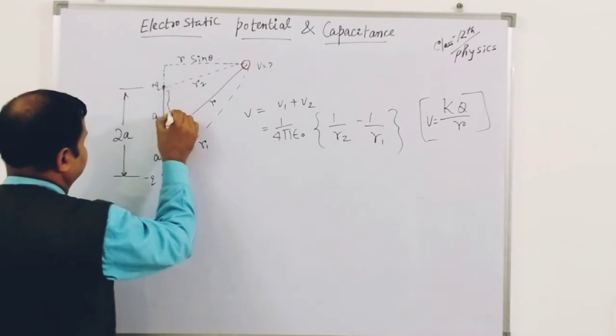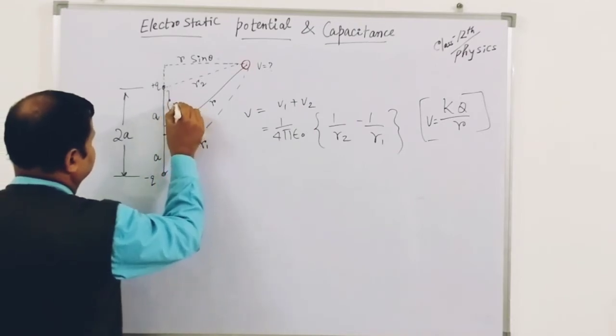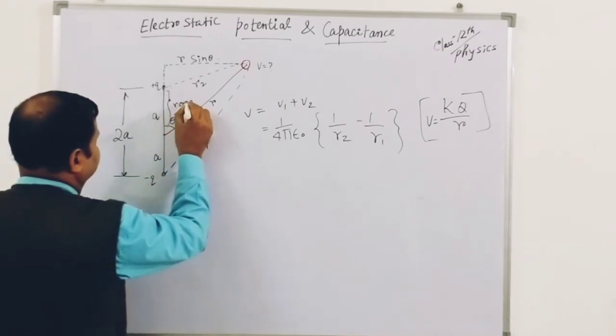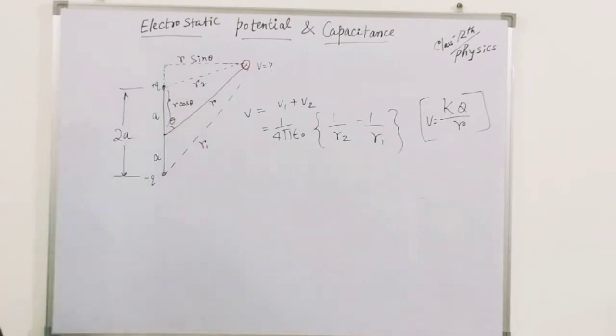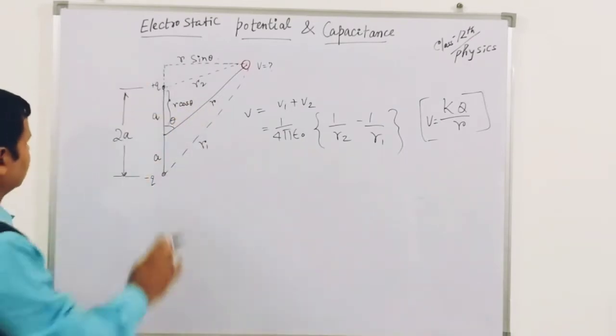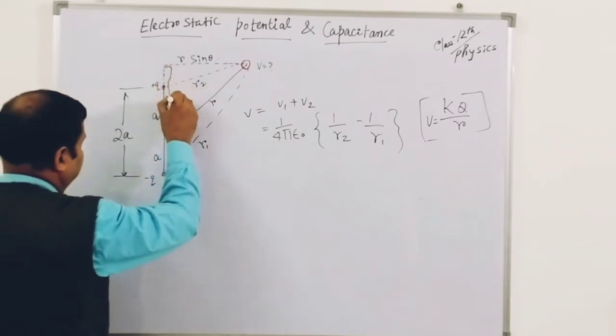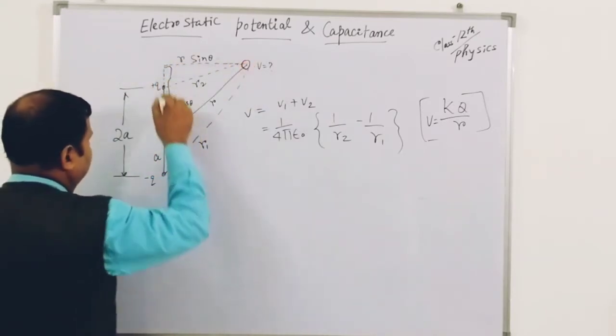Let me erase it because it is creating confusion, very congested. So this is the r cos theta total, because this is the total triangle.